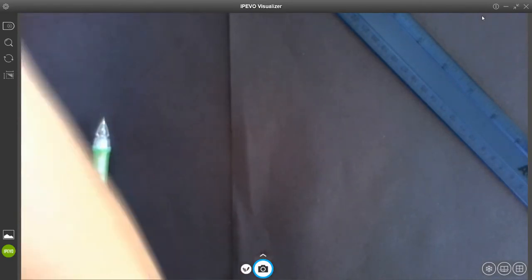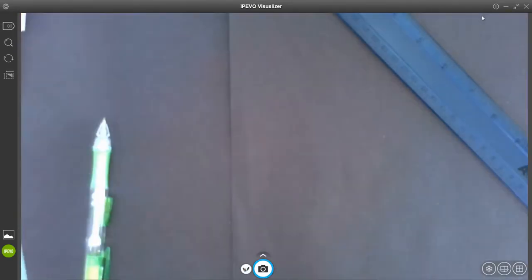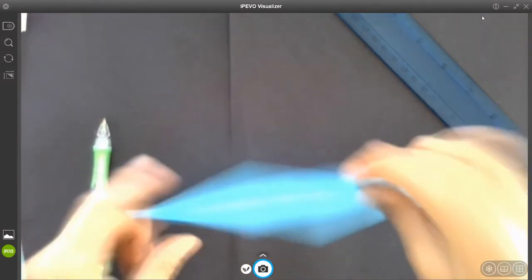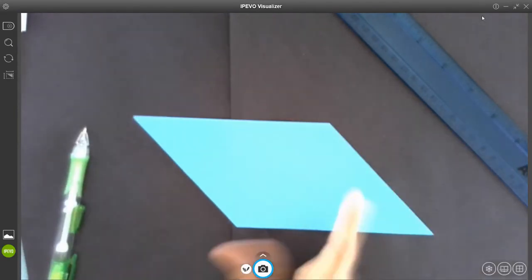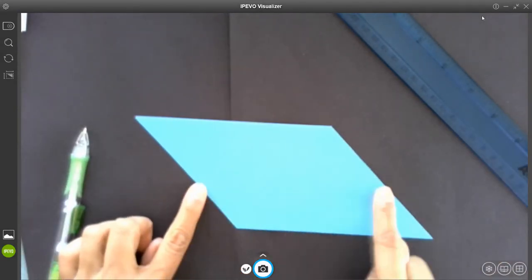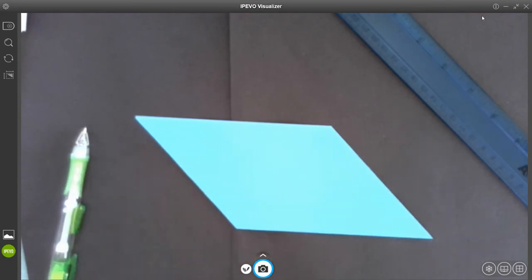Now, of course, if you have paper at home and want to cut out shapes, you are welcome to explore and find different lines of symmetry. So here I have a parallelogram. A parallelogram has two sets of parallel lines. A rectangle does too, but a rectangle is a type of parallelogram, and a rectangle has 4 right angles.